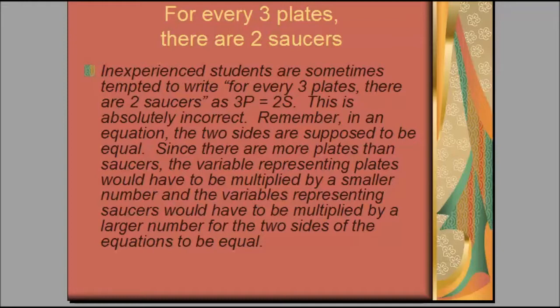But this is absolutely incorrect. Remember, in an equation, the 2 sides are supposed to be equal. Since there are more plates than saucers, the variable representing plates would have to be multiplied by a smaller number, and the variable representing saucers would have to be multiplied by a larger number for the 2 sides of the equation to be equal.